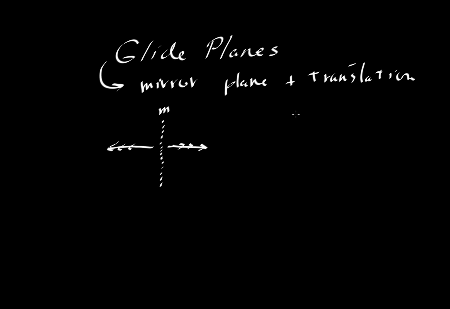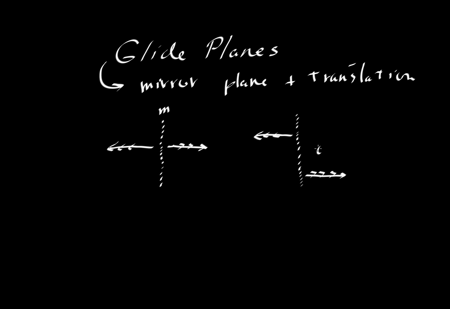For a glide plane, we'd have a planar surface here, and here is our tree. Bob Ross would be ashamed, but we'd reflect it over to this side, but instead of stopping there, we would translate it some distance, and so our reflected tree would be over here.